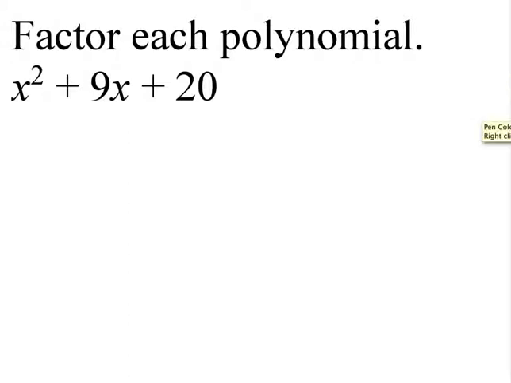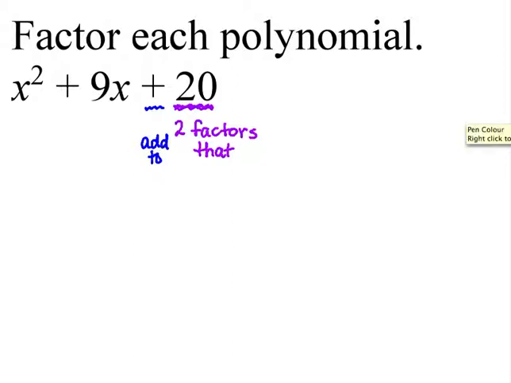And so I'm going to show you some techniques that really work in order to find those 2. So when we're all said and done, we need to have 2 quantities. So I'm going to go ahead and start with the very last term. So I am looking for 2 factors of 20 that add to 9.